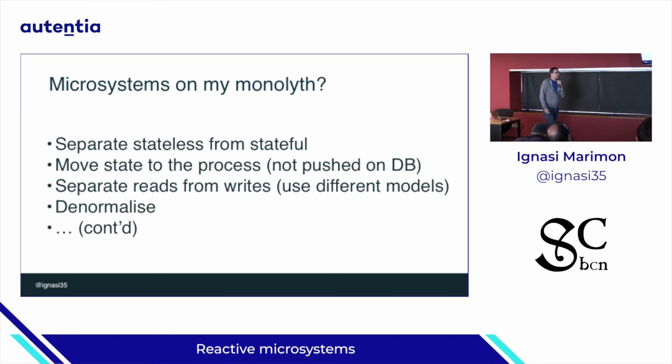You can separate reads from writes and use different models so that it presents faster or it persists faster, depending on what your bottleneck is, by means of denormalization or by means of 2 different models, but then paying the price of having some impedance.